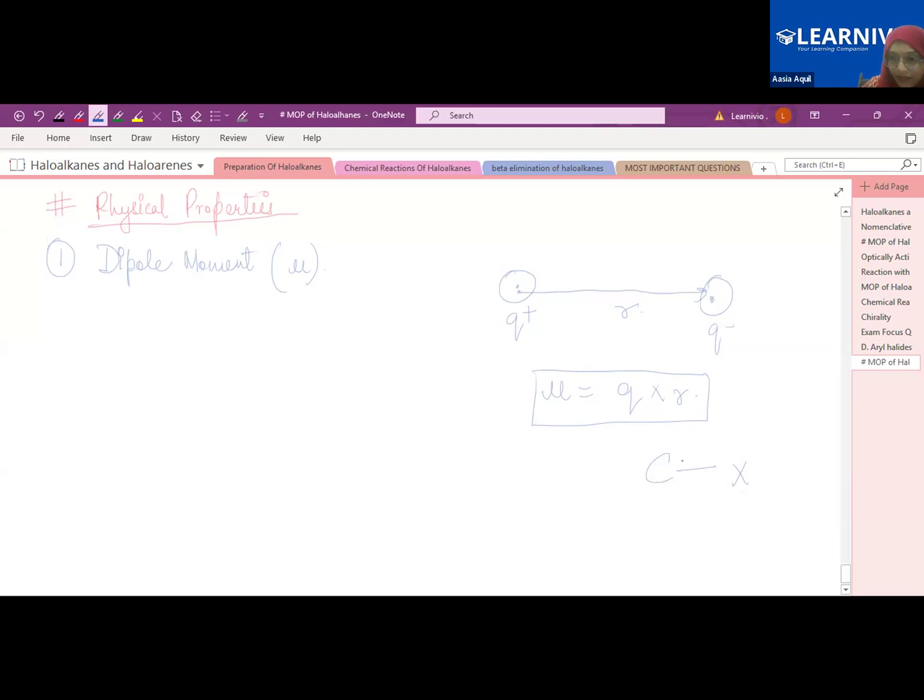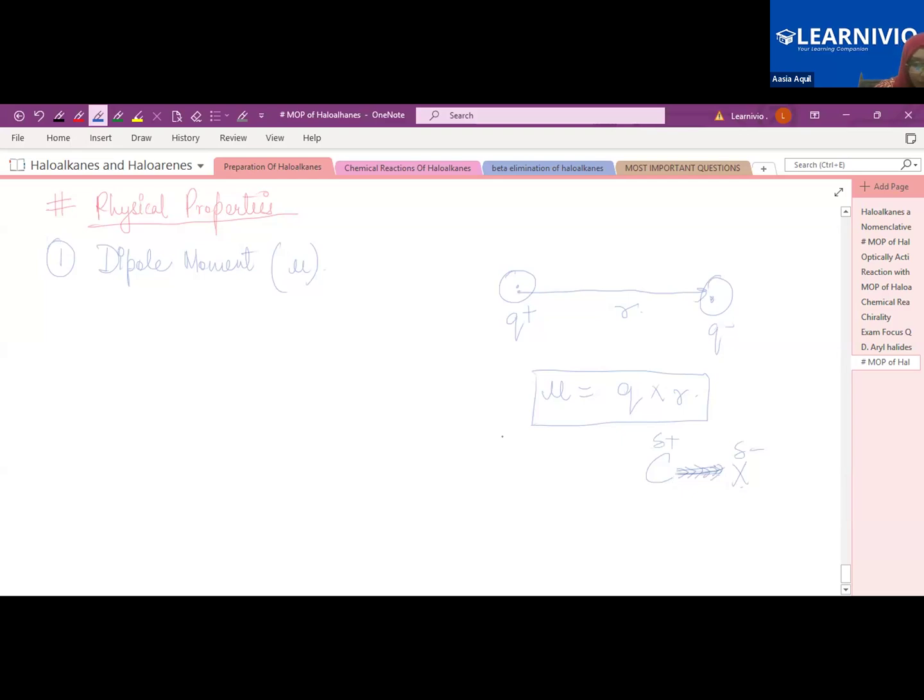So this halogen atom pulls the electron from the carbon towards itself. So due to that, it acquires a partial negative charge, because electron density will increase on the halogen atom. So the halogen atom acquires a partial negative charge and this carbon acquires a partial positive charge.